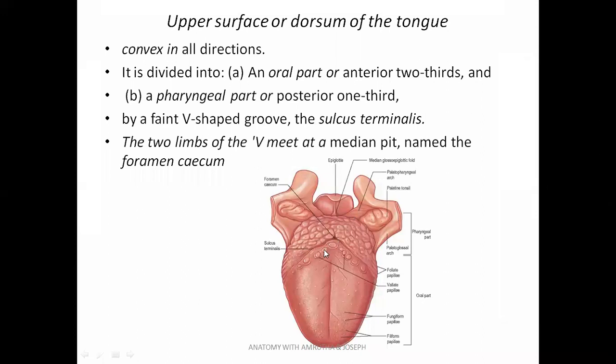So there are two parts that can be seen on the upper surface of the tongue, the oral part and the pharyngeal part, which are divided by a V-shaped sulcus called the sulcus terminalis.